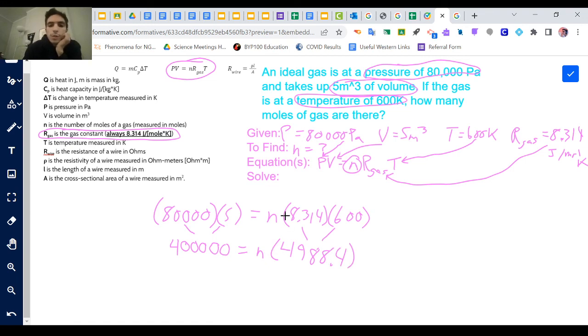So now it becomes a little more obvious what we need to do. Right now we want to isolate n so that it's on its own side. And right now it's being multiplied by this almost 5,000 number. So if we want to isolate it, we have to do the opposite of that. We've got to divide both sides by that number. So divide both sides by this 4,988.4.